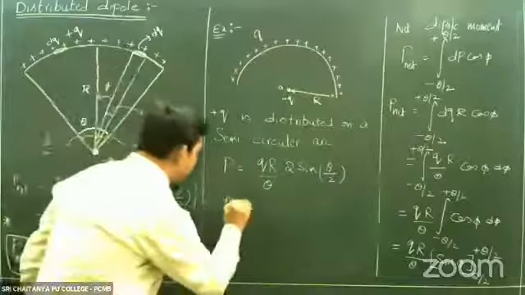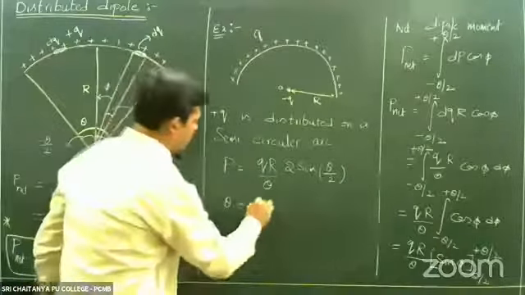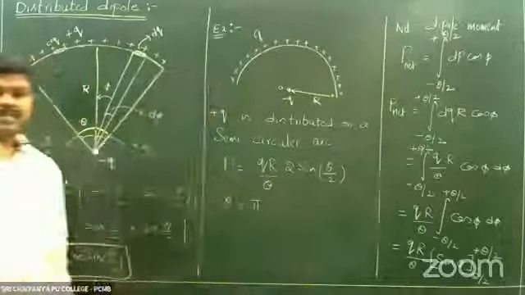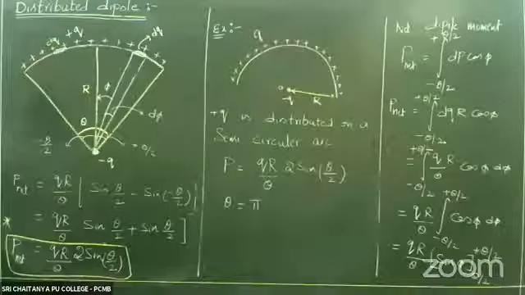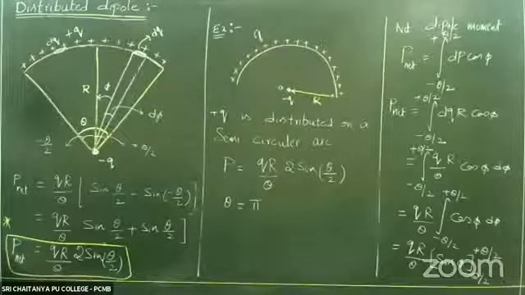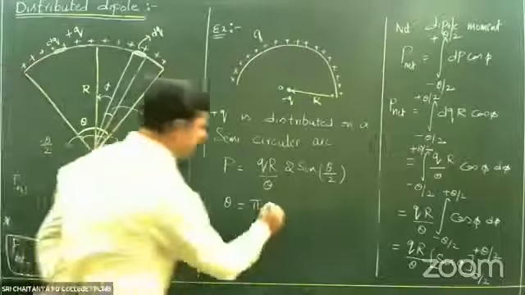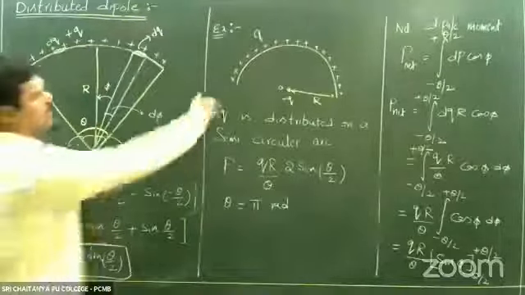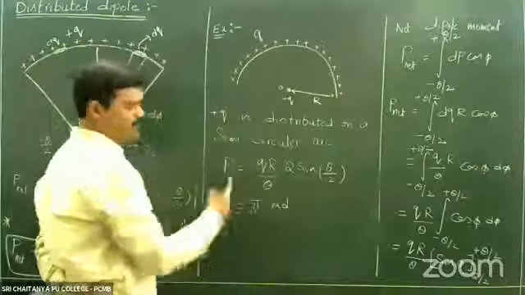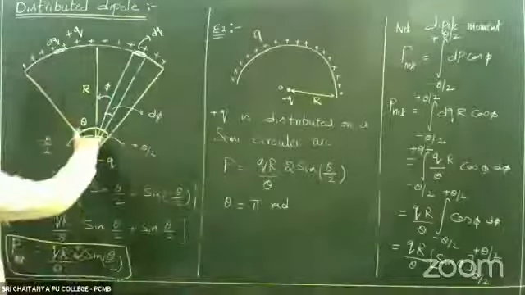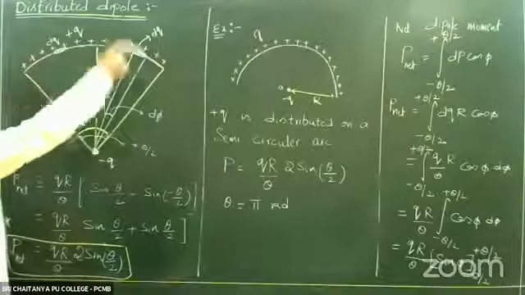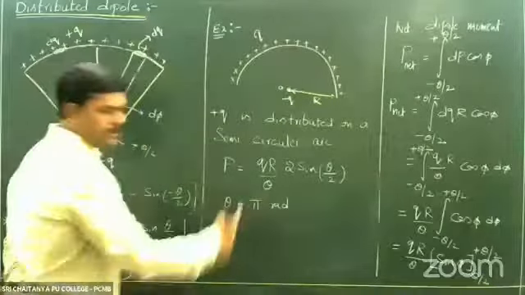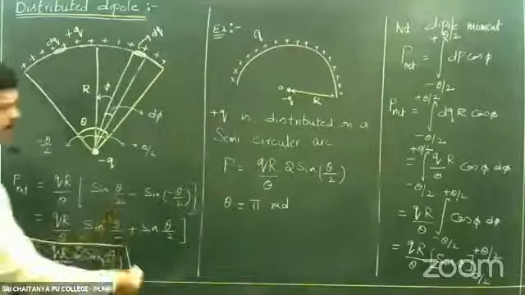So what is theta? It is pi, right? For a semi-circular arc, theta is pi radian. Semicircle, half circle, theta is pi. Here what I said, this is theta. If this is a complete semicircular arc, theta is pi. Simply apply.